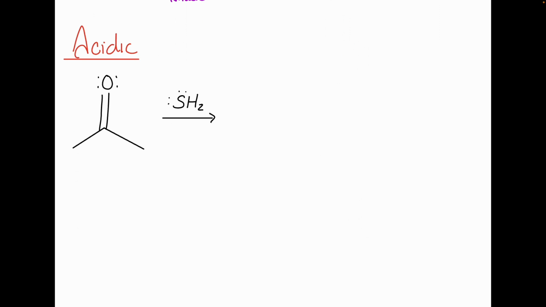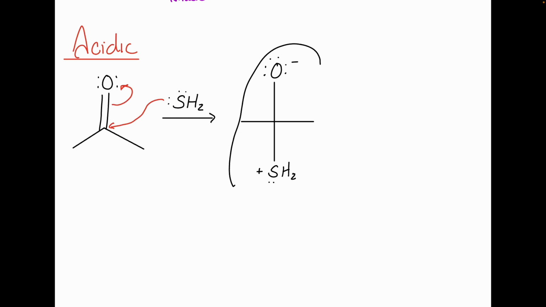All right, so under acidic conditions, if we try to do the same first step, the same nucleophilic attack to create that tetrahedral intermediate, we have a problem with this intermediate. What is that? That negative charge, right?